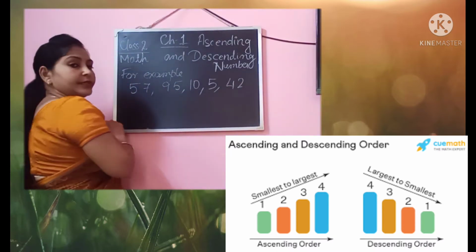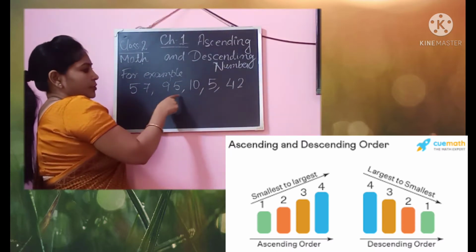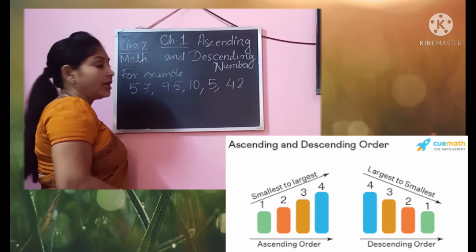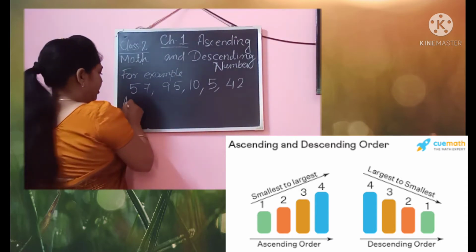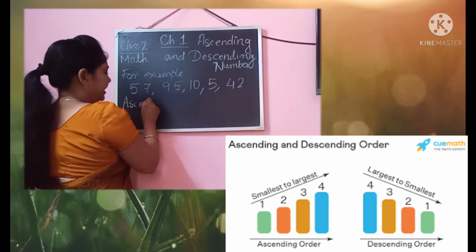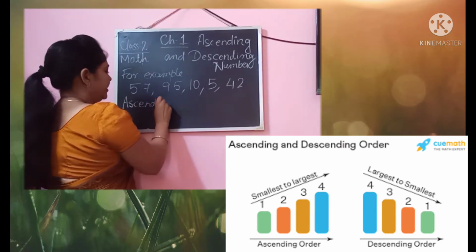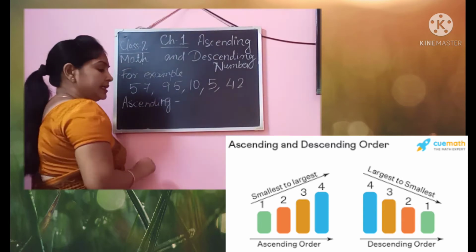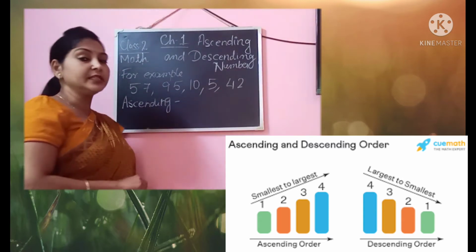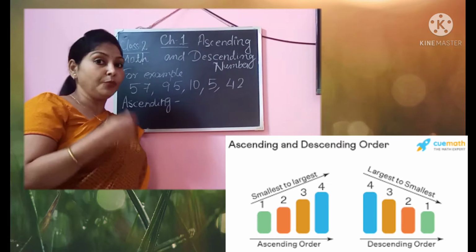These are the numbers. Okay. 1, 2, 3, 4, 5 numbers. Now we will write them in ascending order. How will we write in ascending order? A-S-C-E-N-D-I-N-G. This is the spelling of ascending. Ascending order means from small to big.